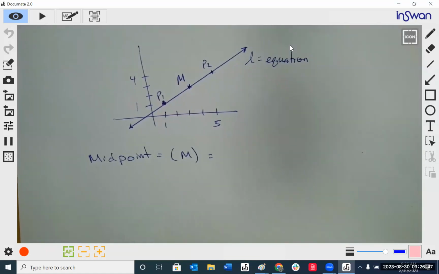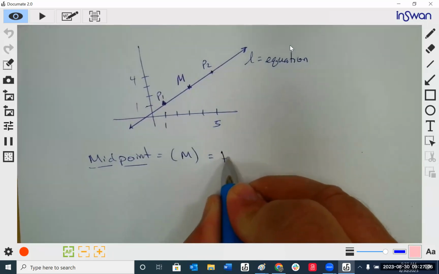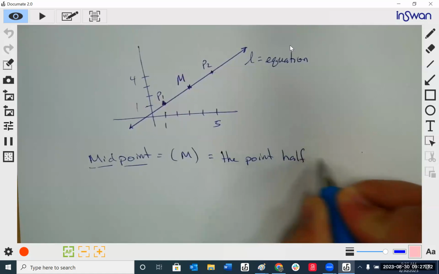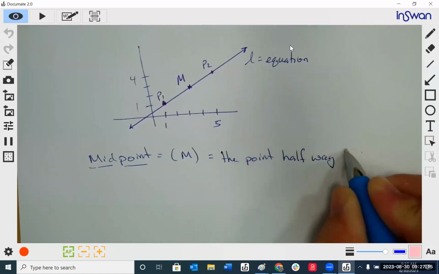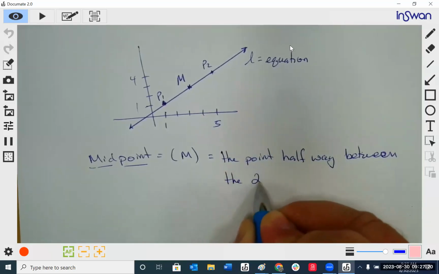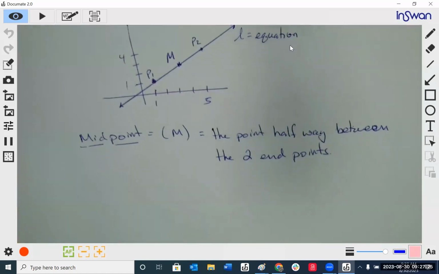What does midpoint mean to you? It's not a trick question. Midpoint: the point halfway between the two endpoints.